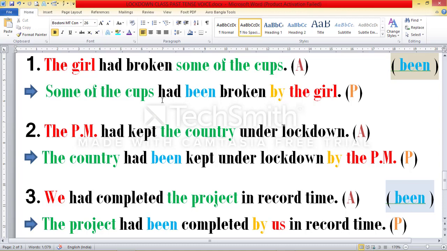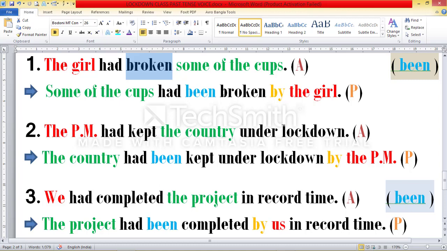Then, as per rule, had will come. So had has come here. Then after putting the had, we have to go to the be verb, and from be verb there is no other option here, only been is there. So been will come. Then we have to write the third form of the verb, which is already given. So it is broken.